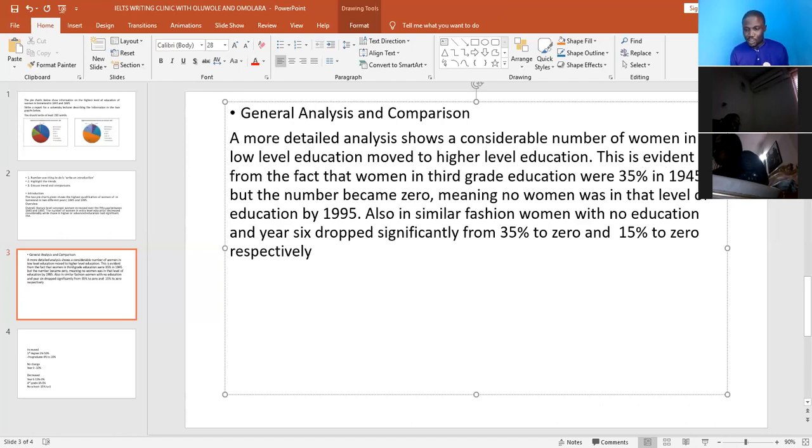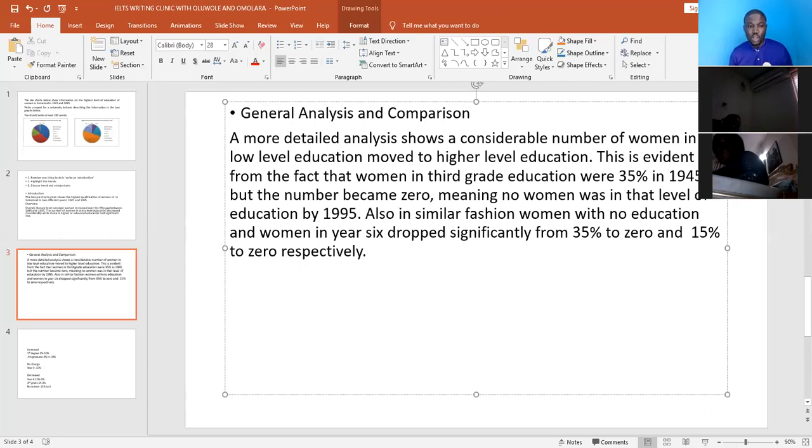Also, in similar fashion, women with no education and women in year 6 dropped significantly from 35% to 0 and 15% to 0 respectively. So we have analyzed comparison between the declines. Then you will now go and do an analysis on those that had increased. Because if you start talking about all of them generally, you will create a confusing mess.